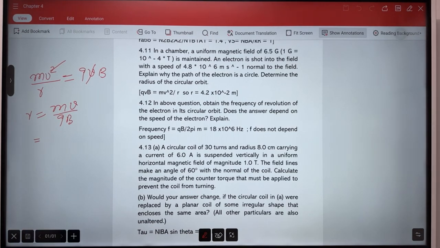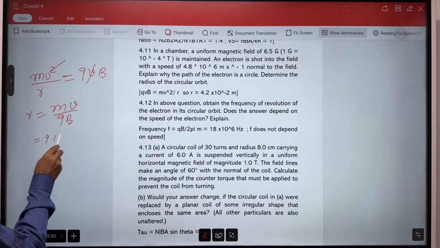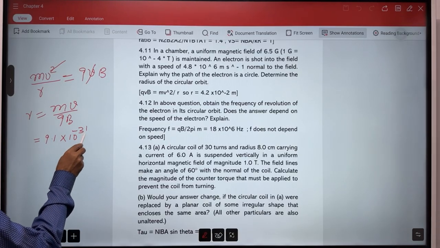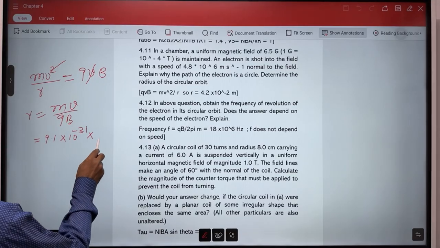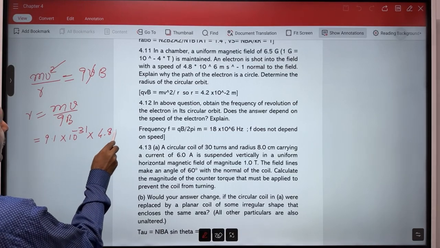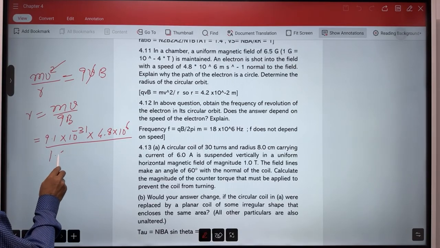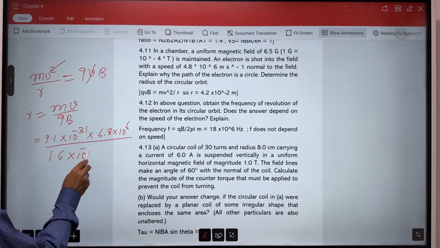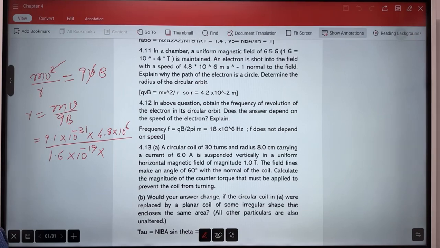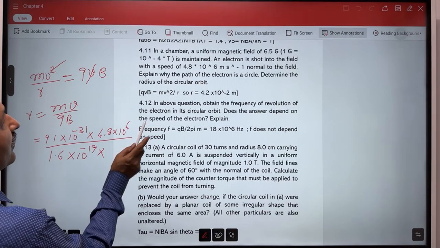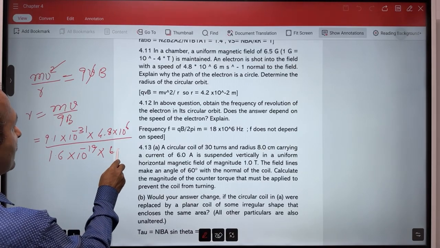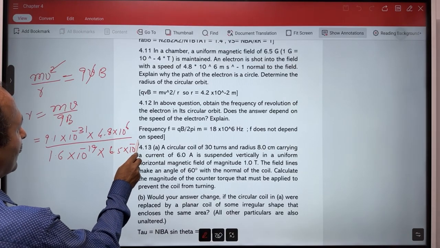Let's put the values. We are talking about electrons, so we use the mass of the electron. It is 9.1 into 10 to the power minus 31, into velocity 4.8 into 10 to the power 6, divided by the charge on the electron 1.6 into 10 to the power minus 19, into the magnetic field, that is 6.5 into 10 power minus 4.